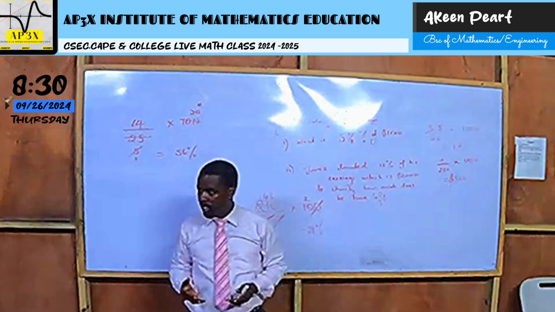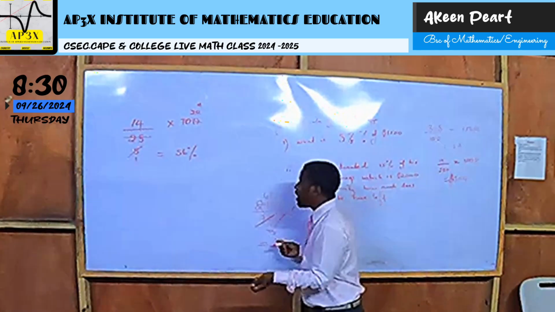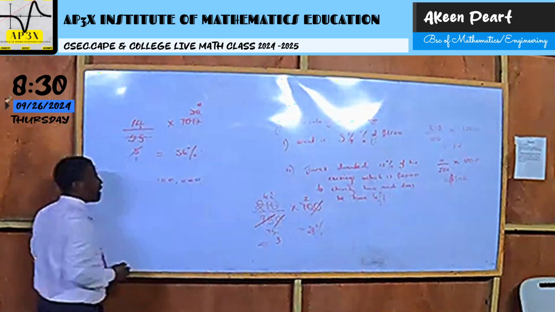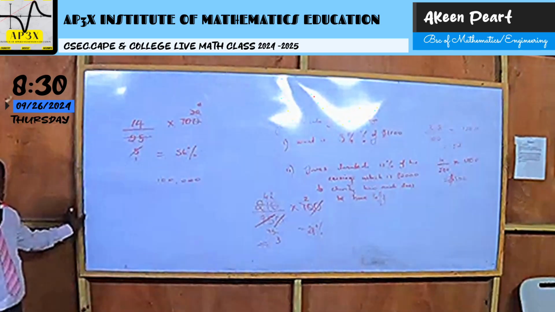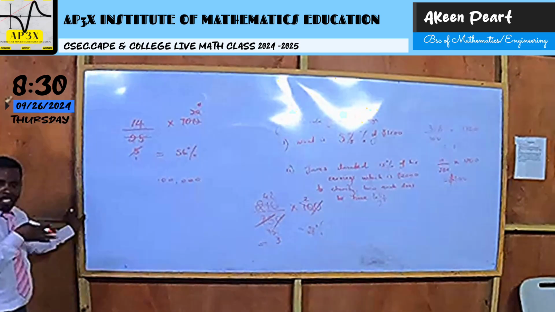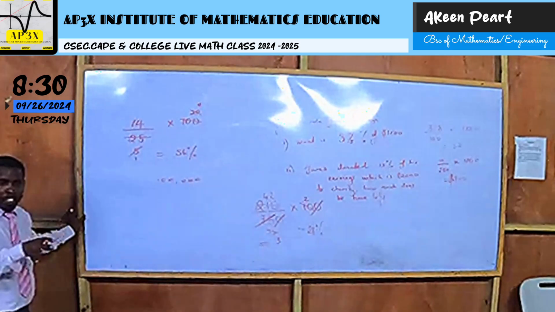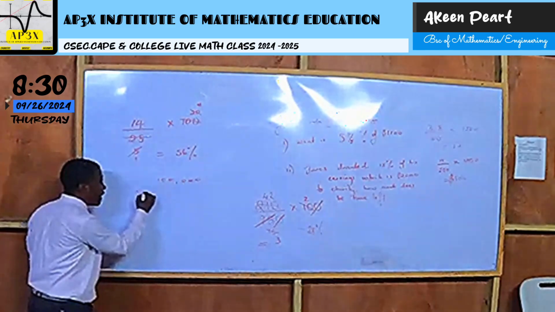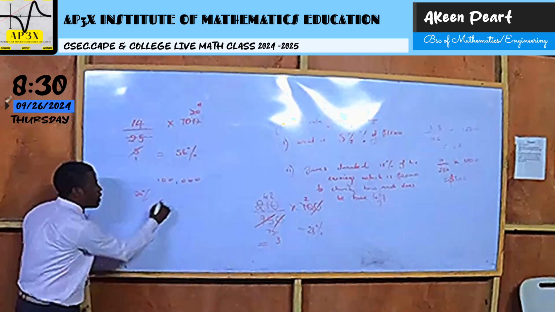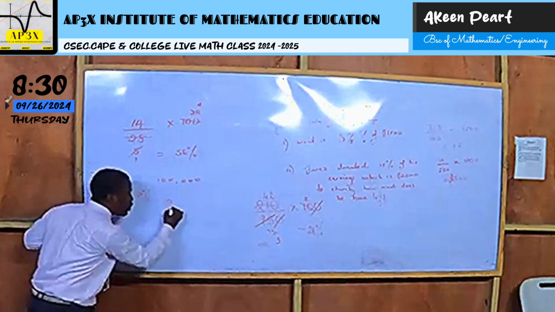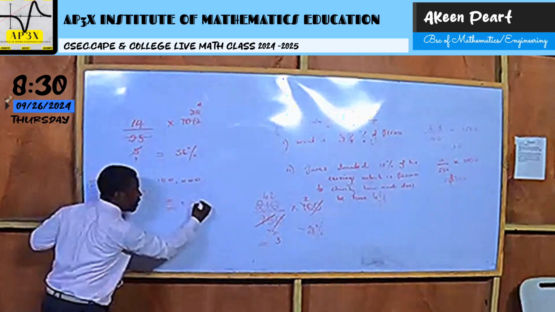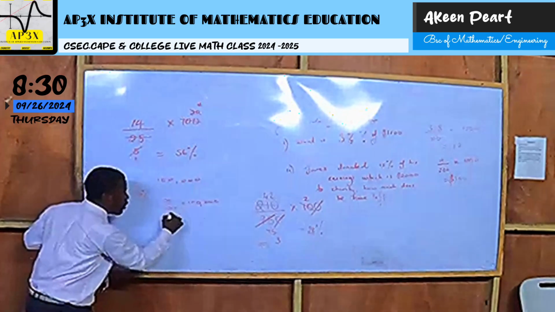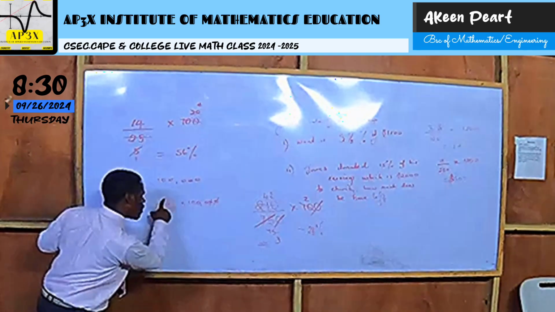So let's say you take out a loan for $100,000, and you are supposed to pay back this loan in 1 year, and the bank charges you 20%. What does this mean? It is going to be 20% of the $100,000, which is going to be $20,000.